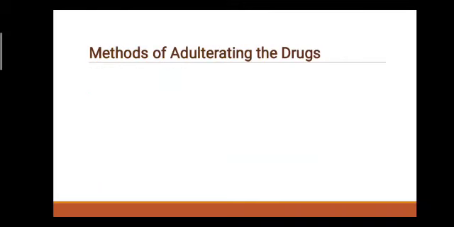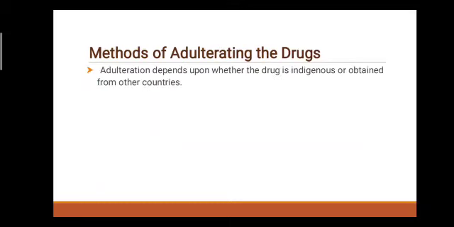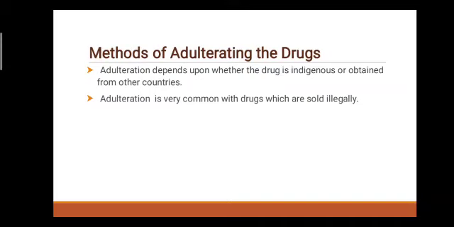The next point, methods of adulterating the drugs. Adulteration depends upon whether the drugs is indigenous or obtained from other countries. Adulteration is very common with drugs which are sold legally.